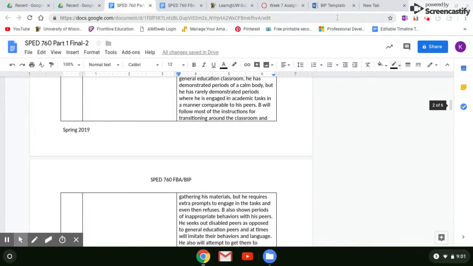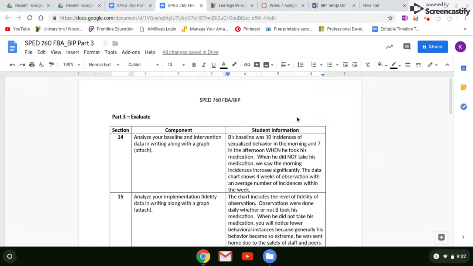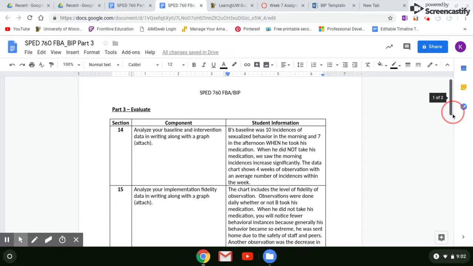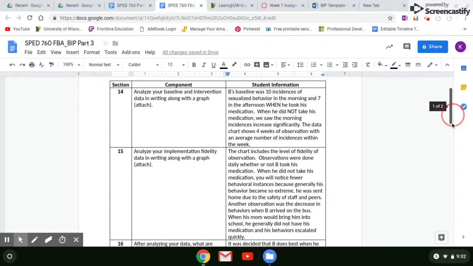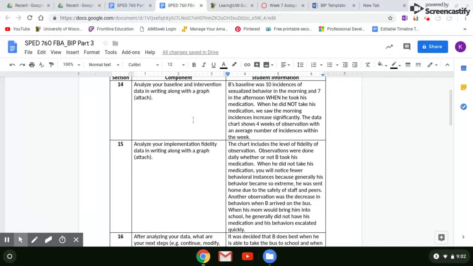Also, I did want to share my stuff for the final evaluation. The charting that I used, I was struggling with my charts for whatever reason tonight.